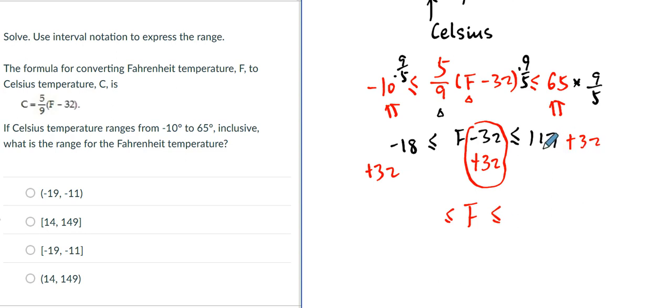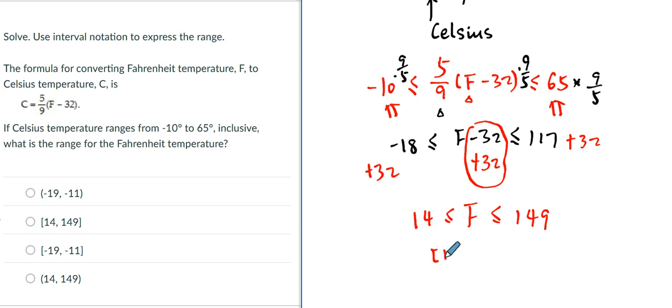Right-hand side, 117 plus 32, we have 149. And on the left, 32 minus 18, then you have what? 4 here, and then 1 here. So the answer will be between 14 and 149 inclusive.